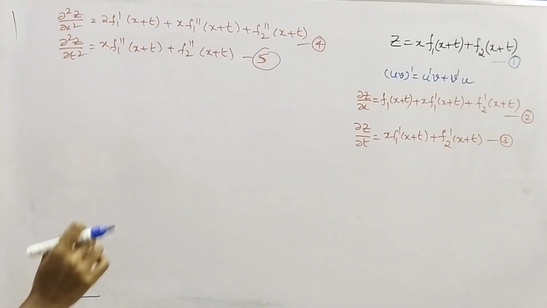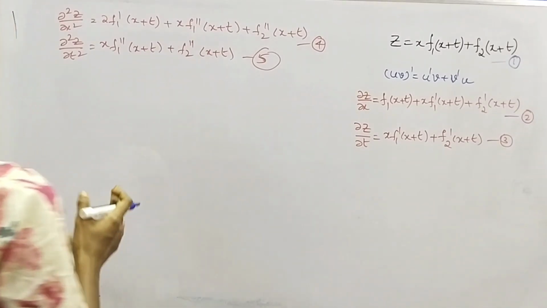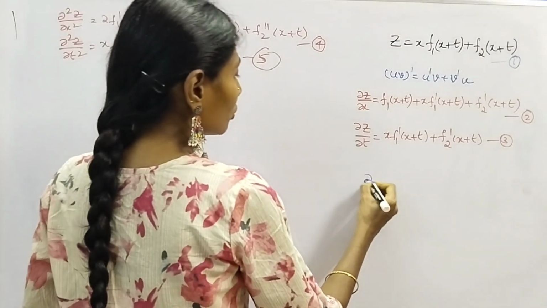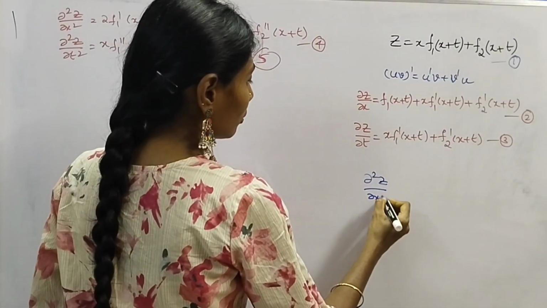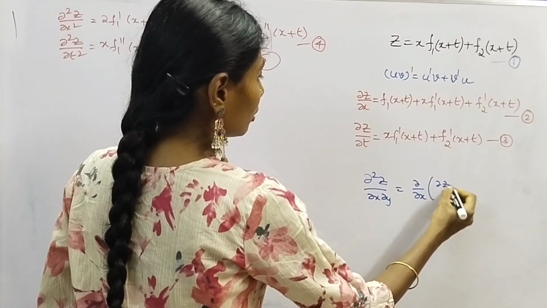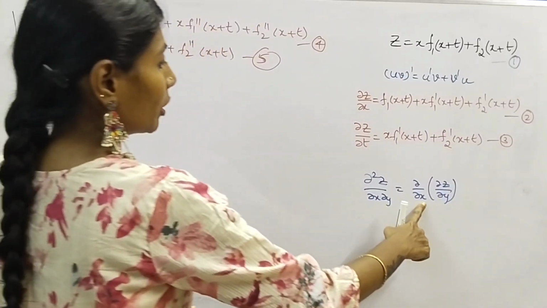So it's a bit difficult to find a partial differential equation. Not a bit difficult, it's not possible. So we are going to find ∂²z/∂x∂y by partially differentiating the term involving ∂z/∂y with respect to x.